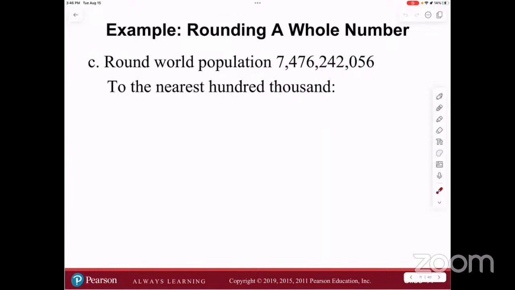Remember, our only options: either the 2 is going to stay as is, or we're going to add 1 to 2, and then the rest of these digits get replaced by 0. So then we're going to have 7,476,200,000. You see it here.